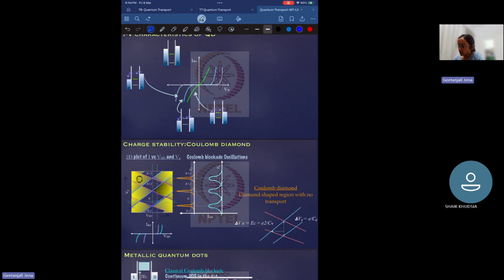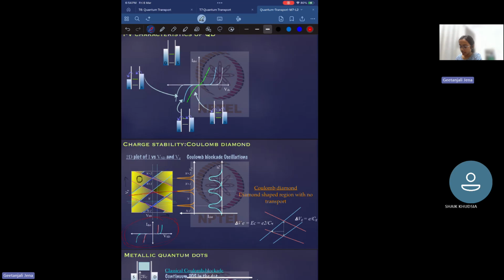And also, let's say we are moving along a line keeping the gate voltage constant, and we are seeing the effect of the drain to source voltage on the current. This is what we'll get. If we keep the gate voltage constant, the current will be zero up to a point, then it will increase exponentially.